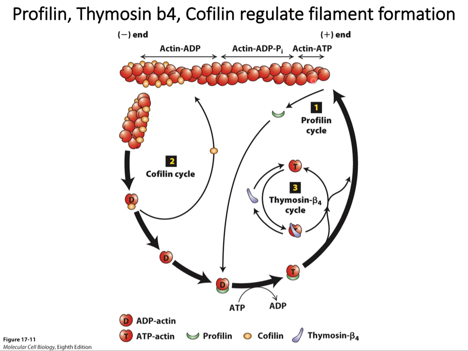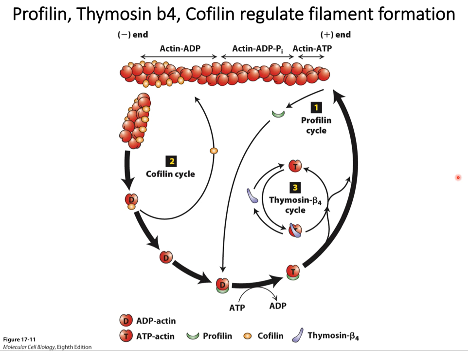So you can see that the fresh new plus end is actin ATP, gradually hydrolyzed into actin ADP. The ATP hydrolysis is important for the depolymerization of the actin filaments because it is thought that the hydrolysis slightly changes the shape of the filament so that it becomes destabilized.